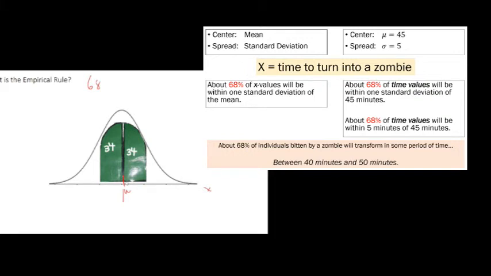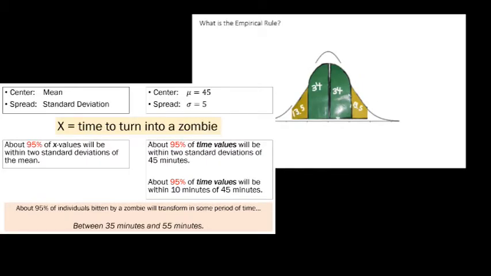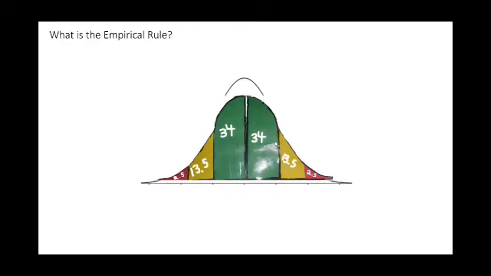That means if we move 1 standard deviation to the right and 1 standard deviation to the left, we get 68%. 68% divided by 2 gives you 34%. As such, about 95% are within 2 standard deviations of the mean, and basically everything is within 3 standard deviations of the mean. This is the empirical rule.